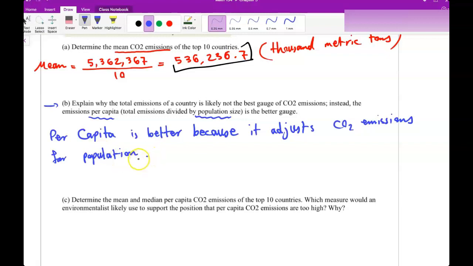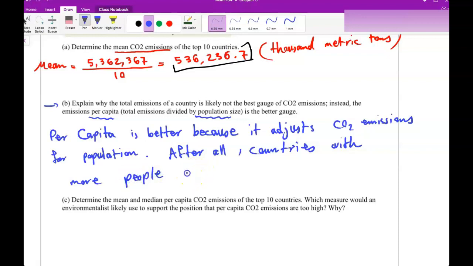These emissions depend on population size. That's why this is the better choice.